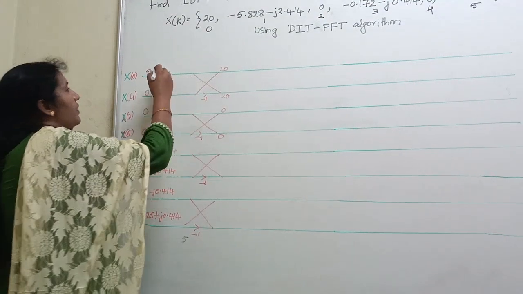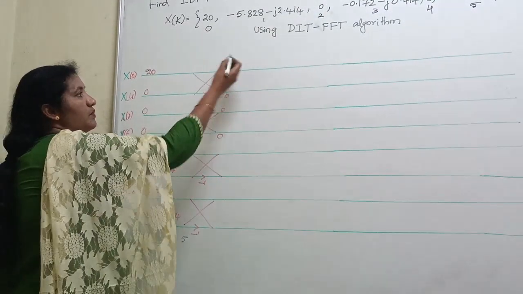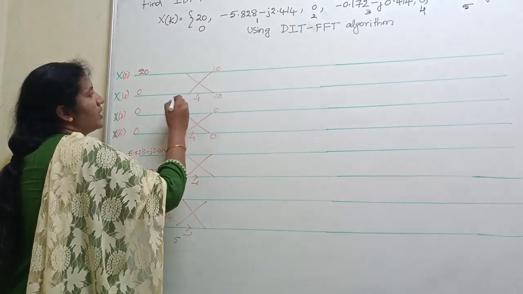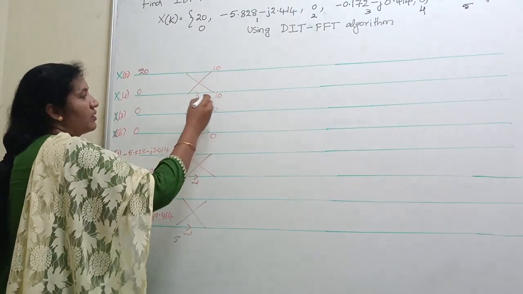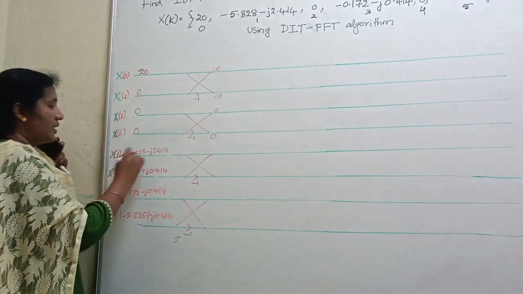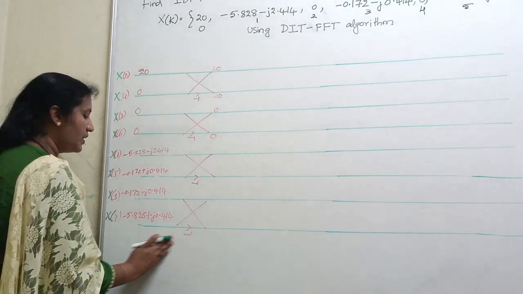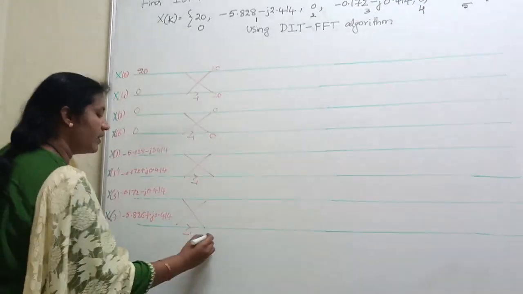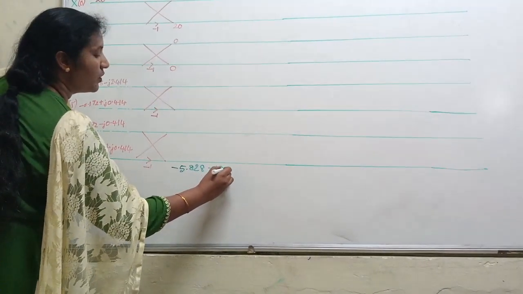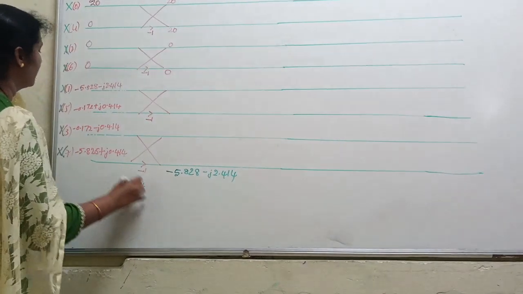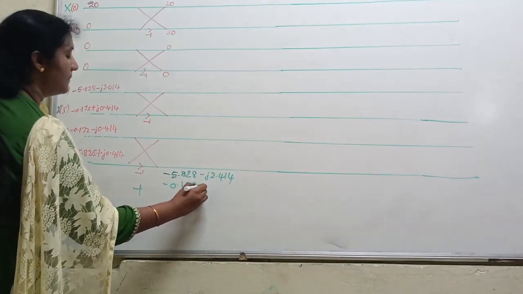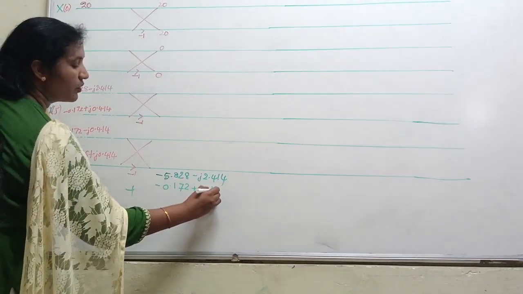So here, when you do the 2-point DFT here, a plus b operation we have performed, and here you got 20 plus 0, 20, here we got 20 minus 0 is 20, 0 plus 0, 0, 0 minus 0, 0. Here let us solve this problem. So let us write the value here, minus 5.828 minus j 2.414 plus 0.172 plus j 0.414.